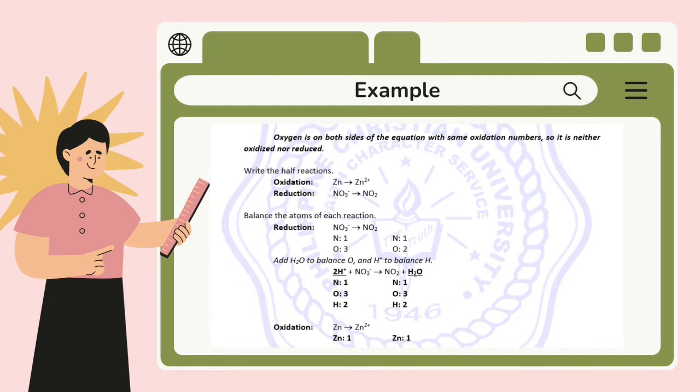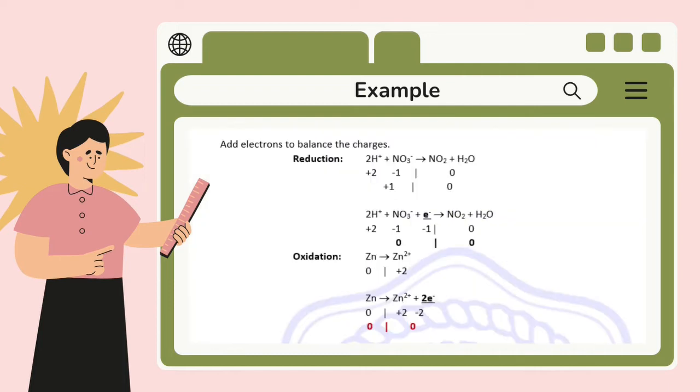So we can say now that this is a balanced equation already, since we have the same number of atoms for both sides. Next we have the oxidation. We have 1 atom of zinc for both the left side and the right side, so it is now balanced already.